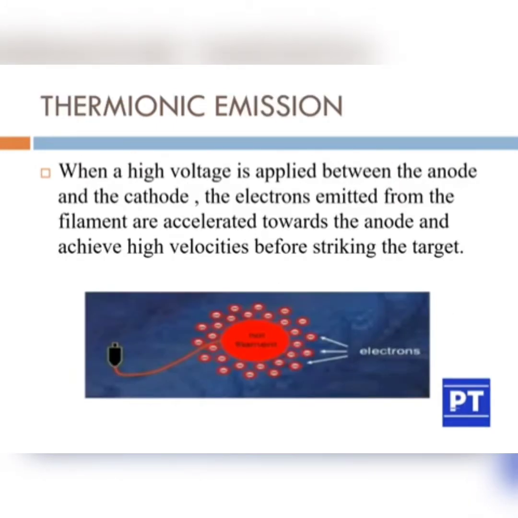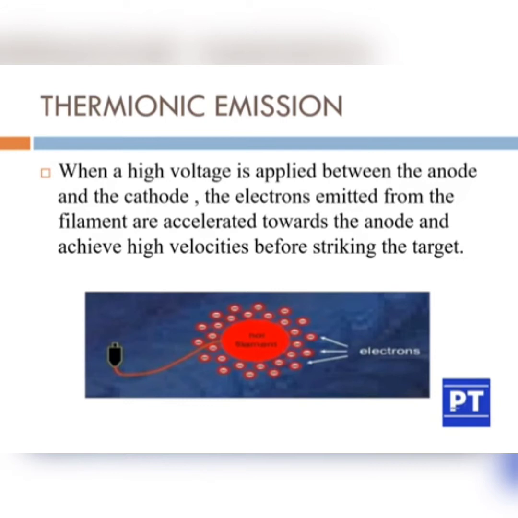So what is meant by thermionic emission? When a high voltage is applied between the cathode and the anode, the electrons are emitted from the filament, which is accelerated towards the anode and achieves high velocity before striking the target.